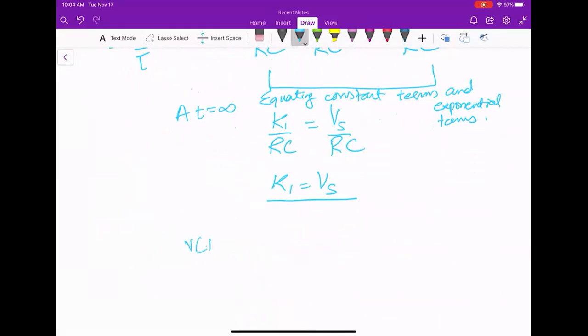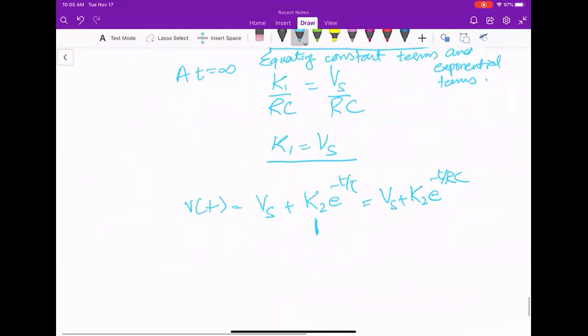So if I replace K1 as Vs here, Vs plus K2 e to the minus t by tau, or I can also write Vs plus K2 e to the minus t by RC, right? Now I have to find K2.